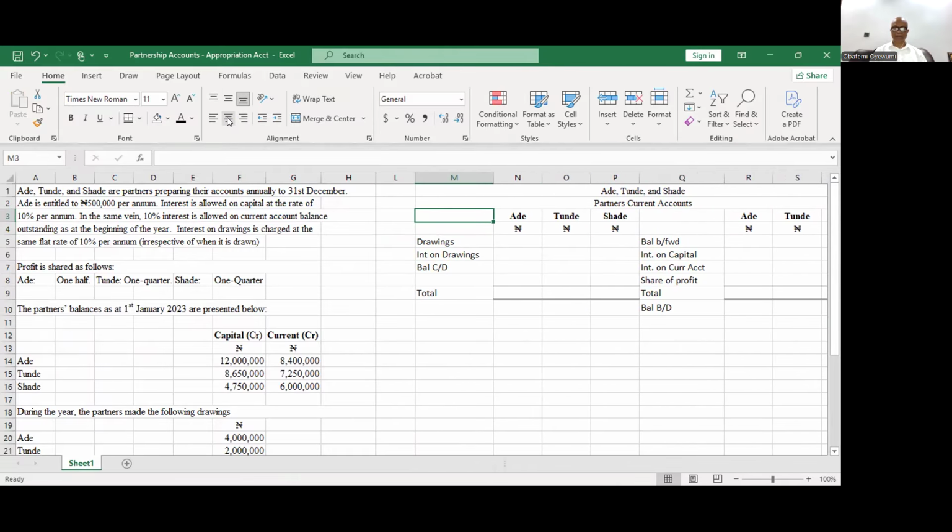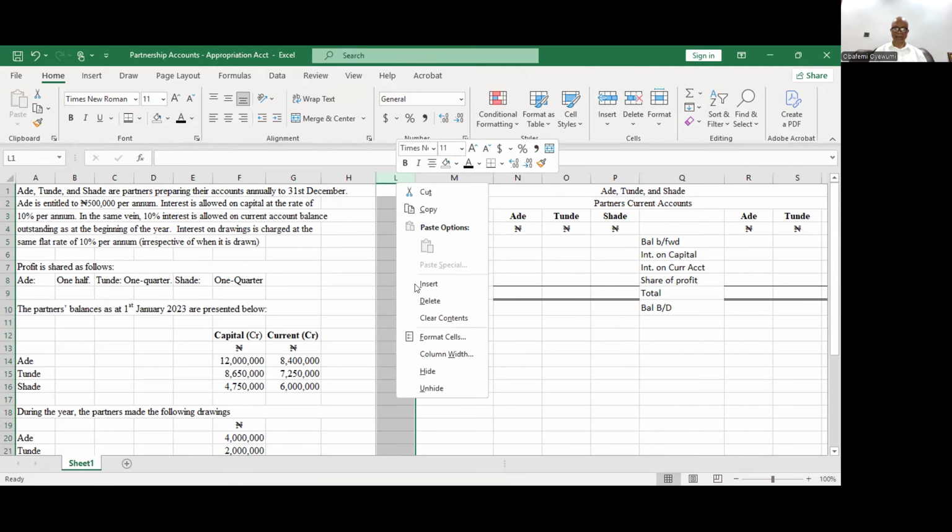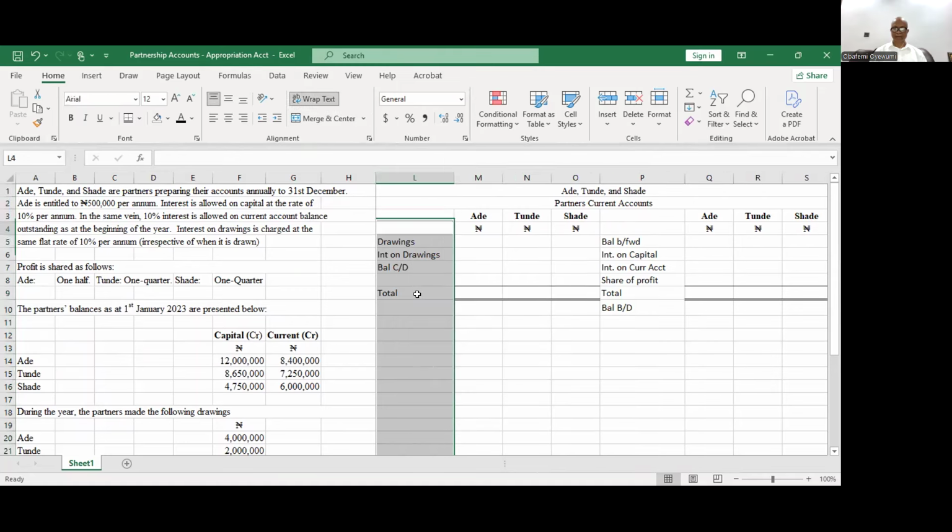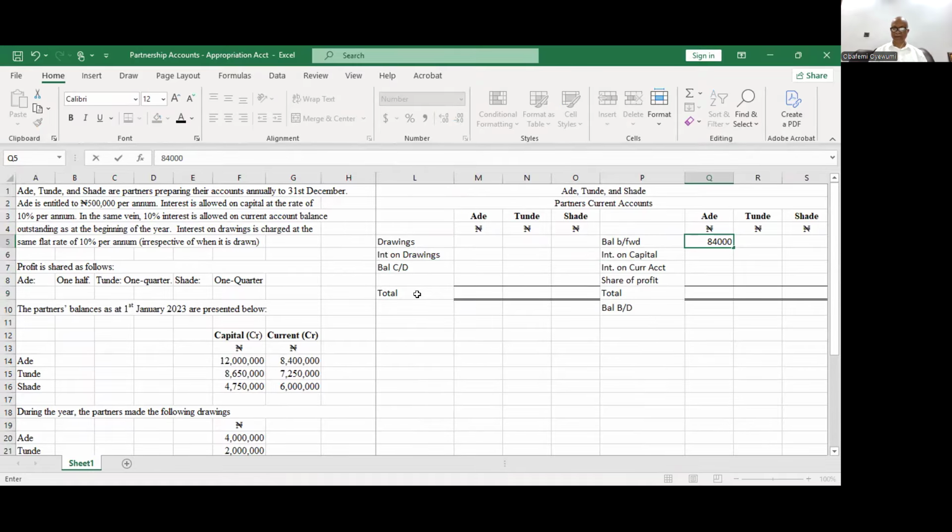So now let's look at how the whole thing will look at the end of the day for the partners. We're talking about only the current account now. So let's start. What's the balance brought forward? That's the starting point. Balance brought forward for Ade is 8.4 million, 750, right?